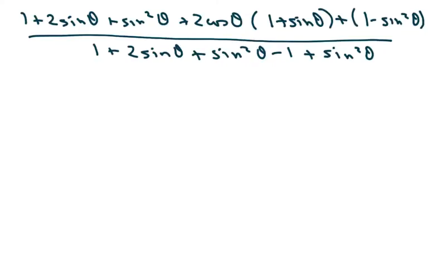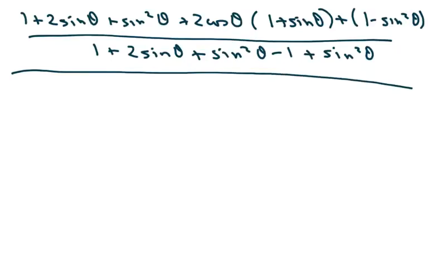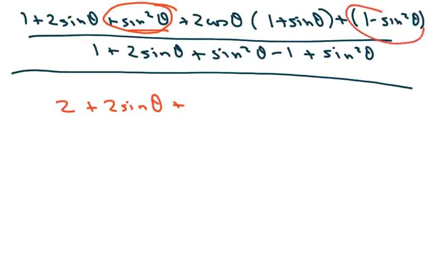So cleaning all this up and simplifying, you're going to get 2, because if you simplify this, you're going to get 2 plus 2 sine of theta plus, because sine squared plus cosine squared is 1, so 1 plus 1 is 2.